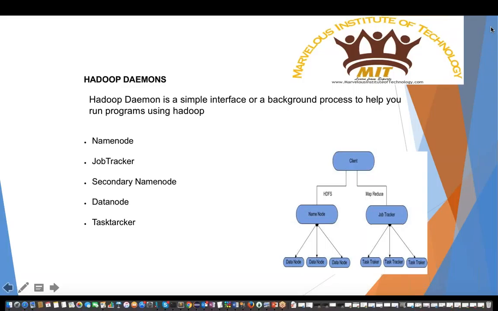As we know, when we interact with the cluster, whatever data you want to store or whatever operations you want to do with the cluster, like storing the data, creating a directory in the cluster, modifying the directory, or deleting some data, these kinds of operations, not the data processing.